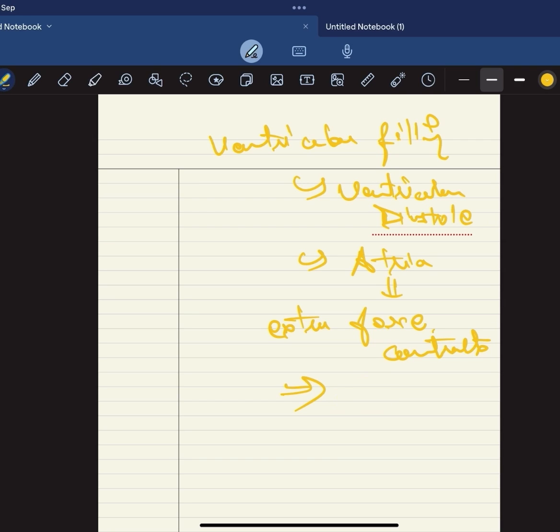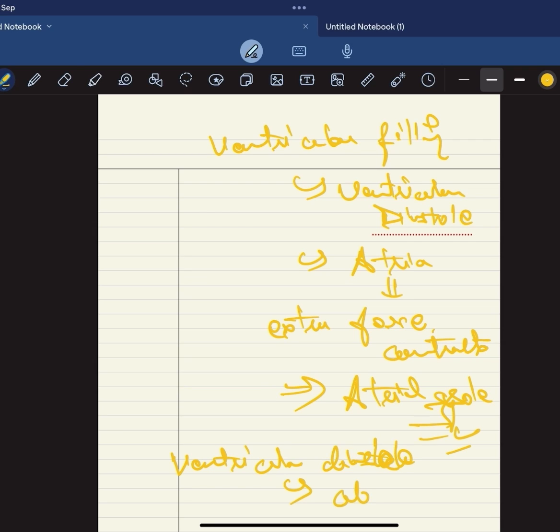When the atria is contracting, it is called atrial systole, and when the ventricle is contracting, by default we take it as systole. So the end part of ventricular diastole is the atrial systole. Ventricular diastole ends with the atrial systole.